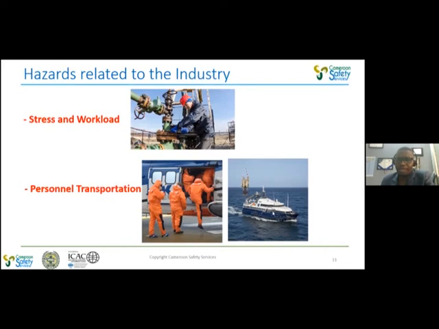If you're going by boat, there is seasickness for those who are not used to it, and it can also be a hazard. That's why it is recommended for people going to work on platforms offshore to do some sort of medical fitness to be sure that the personnel going to work on the platform is physically fit and can withstand all the harsh conditions during transportation.